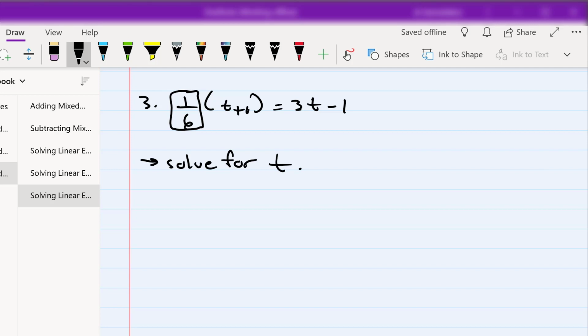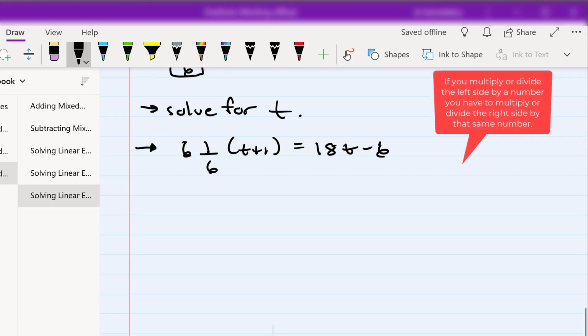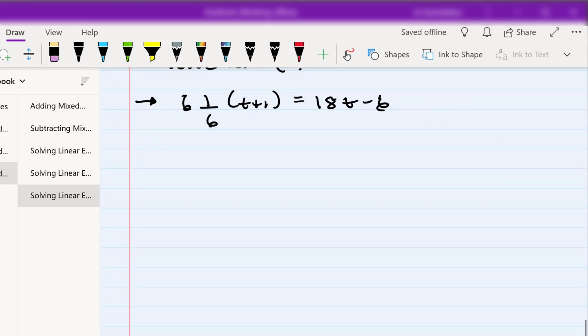So in order to handle this case, we multiply both the left side and the right side by 6. If I multiply the left side by 6, I get 6 times 1/6 (t plus 1), and I multiply the right side by 6, I'll have 18t minus 6. So 6 times 1/6 is just 1. t plus 1 equals 18t minus 6.